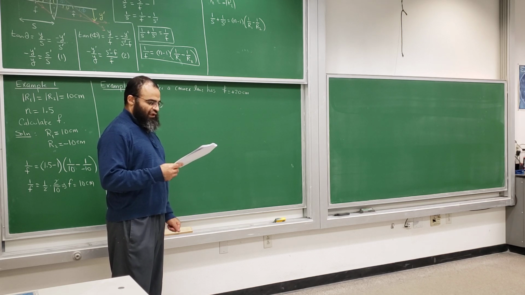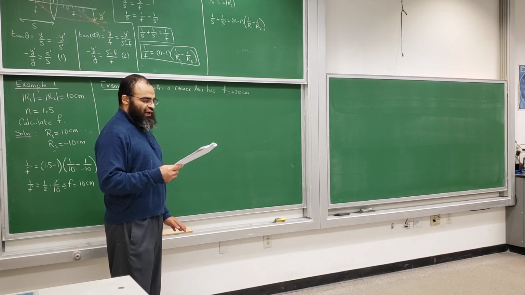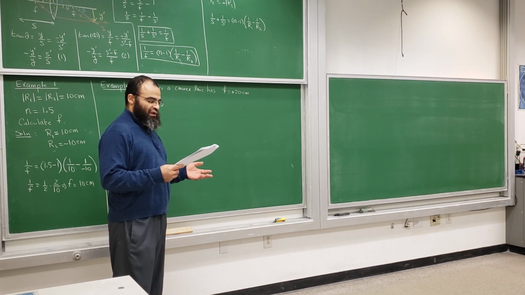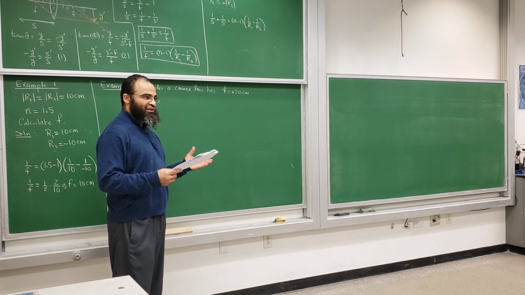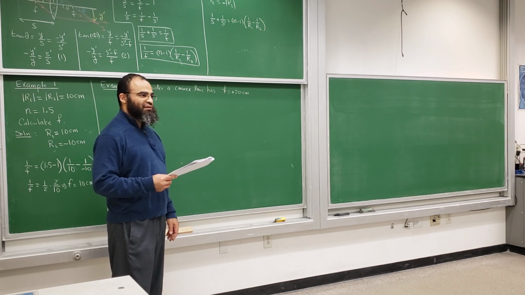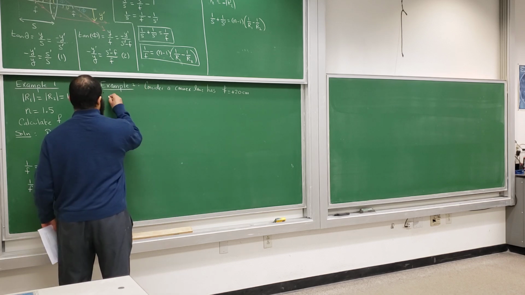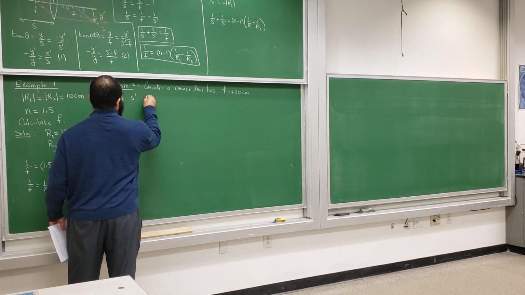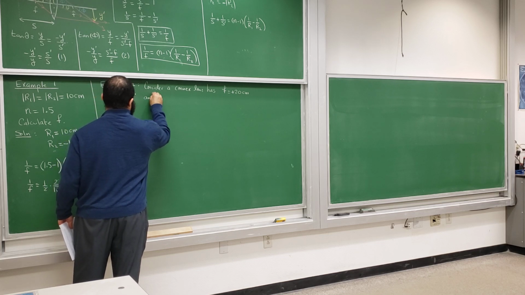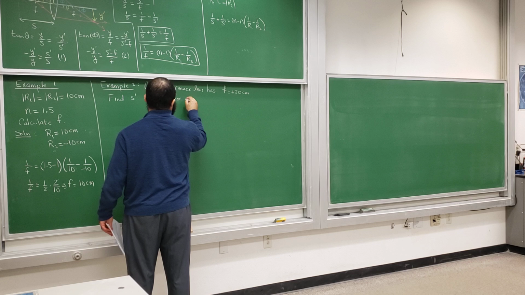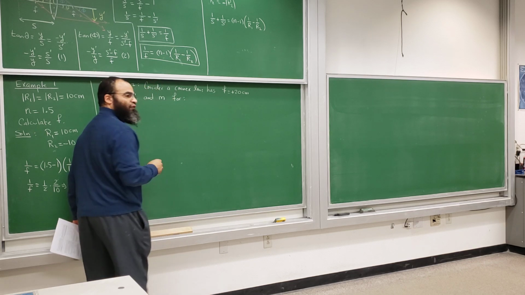And the focal length is that, and we're asked to find the image position and the magnification for different object distances. So find S prime and M for the following cases.